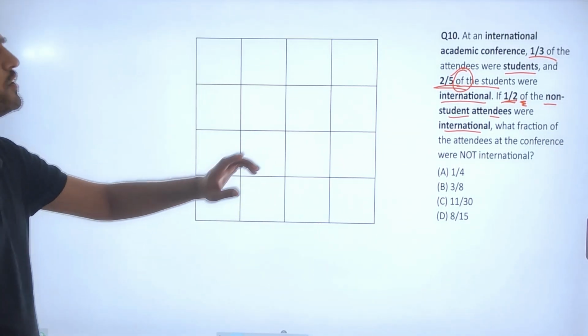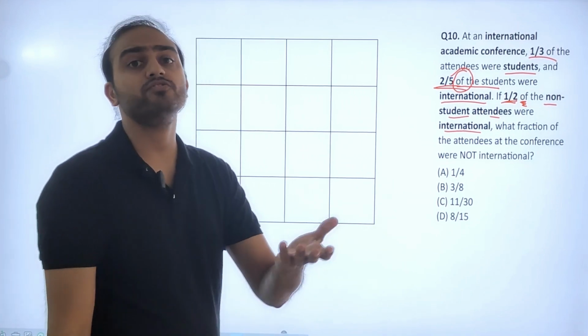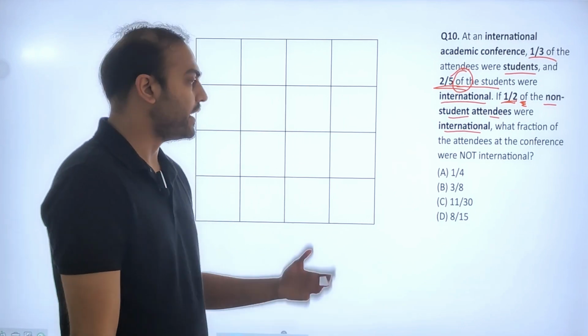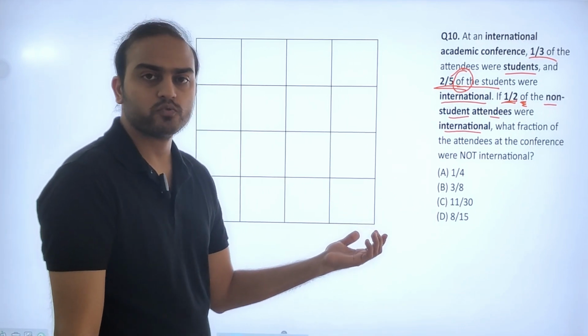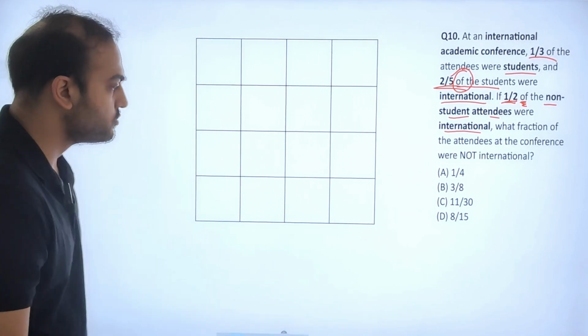Okay. Now, as I told you in the previous question, if you want, you can take the total as 100% or assume a value. Similarly, when it comes to fractions, you can either take the total fraction as 1 or simply assume a value. So I'll show you both.